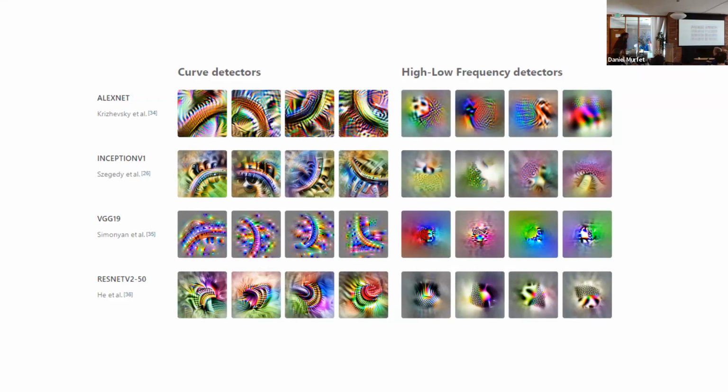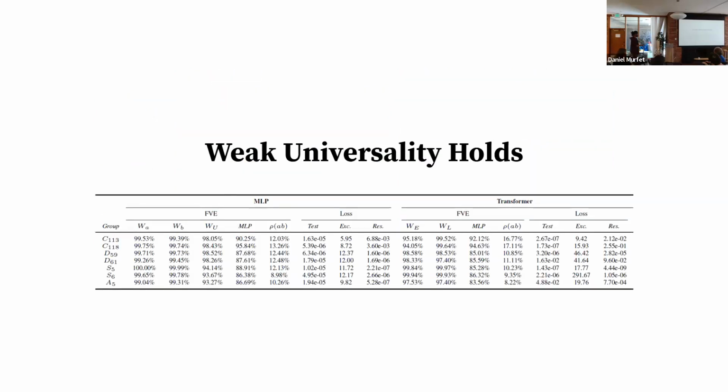Right. If you found this algorithm present in one of them, and universality is true, then this algorithm... Yeah, we're trying to test whether universality is true or not. And what we do is we just study more networks, more groups, more architectures, and see if we find the same algorithm or not. And we find a form of weak universality, we call it.